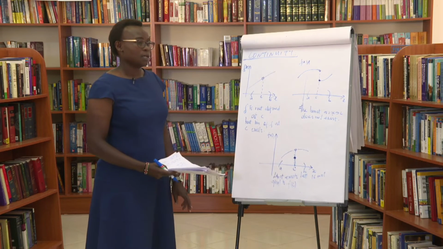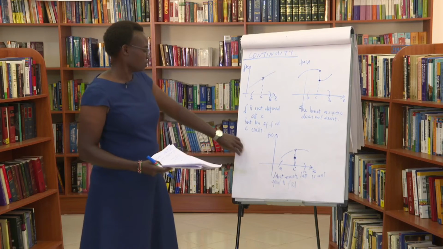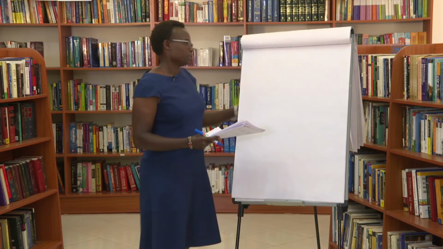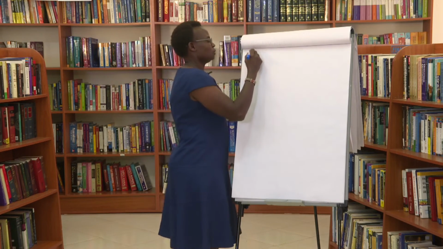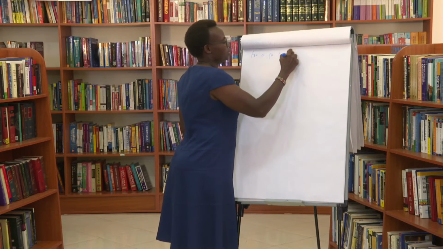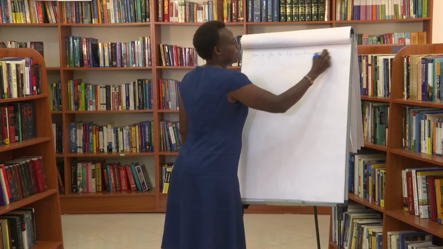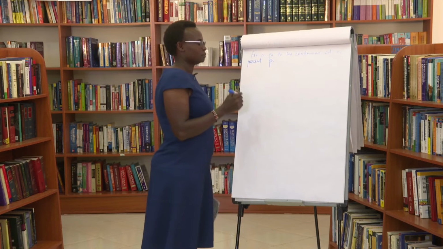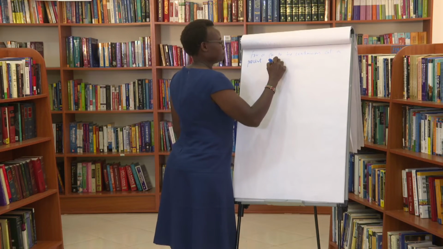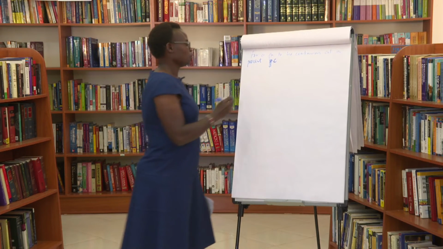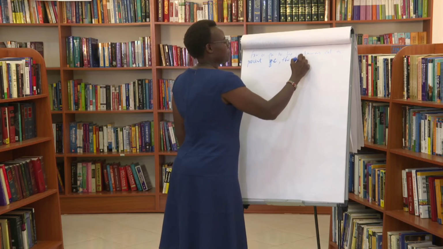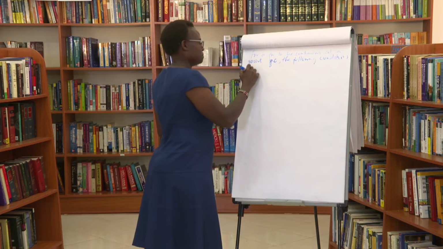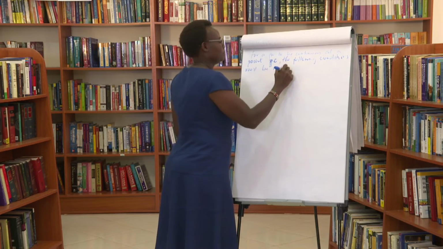scenarios actually come to bring to attention, or come to help in defining what continuity is. So for a function to be continuous at a point, let's say point C, the following conditions must be met.